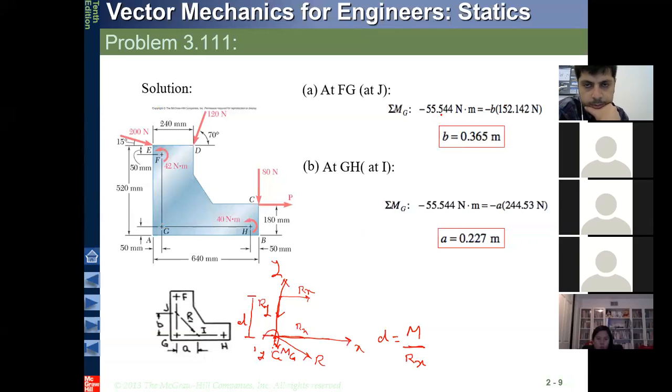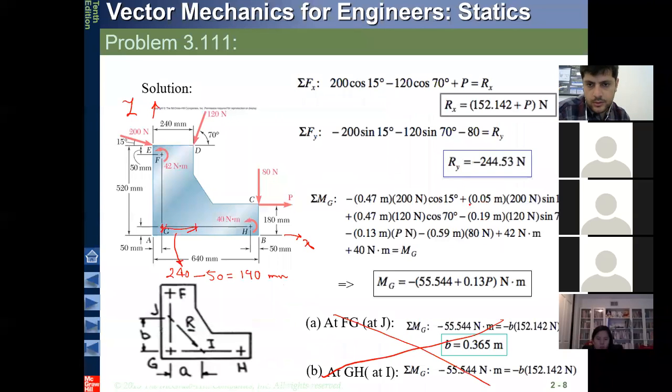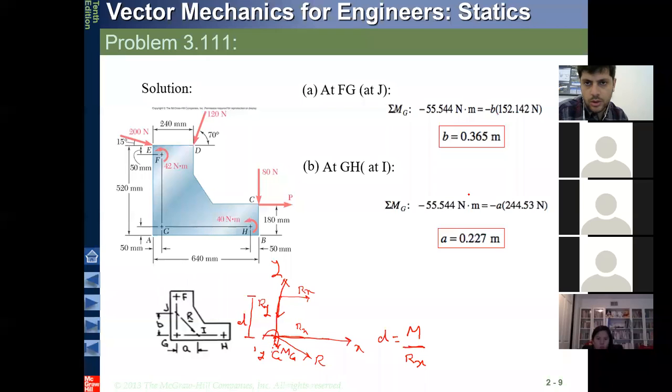You have minus 55.54 Newton meter equal to minus B times 152. Well, we put P equal to 0 here, so MG would be equal to minus 55.54.